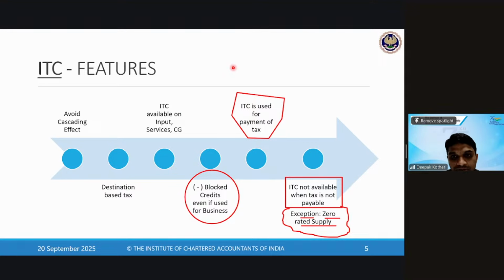For your theoretical purposes, definitely it will be written in the question that it's an SEZ unit.